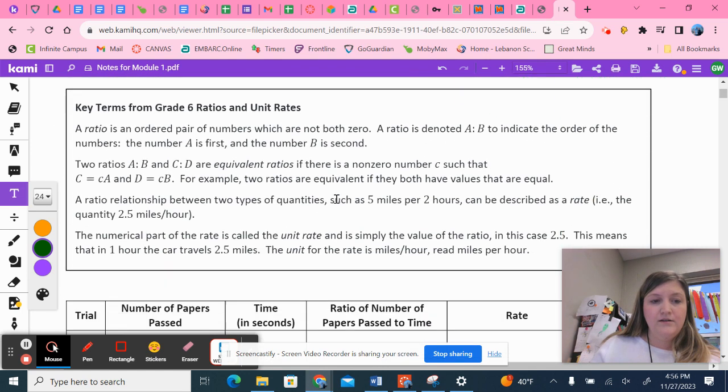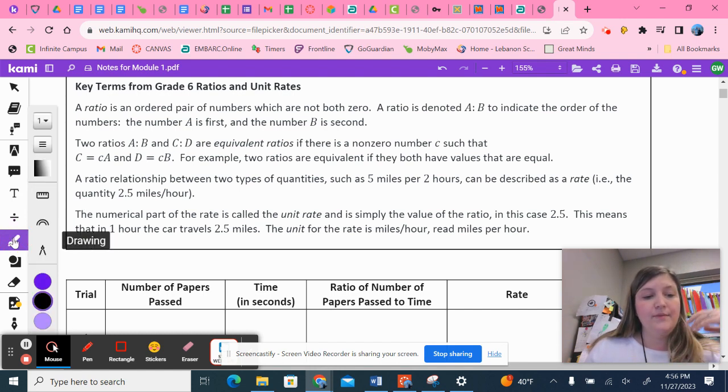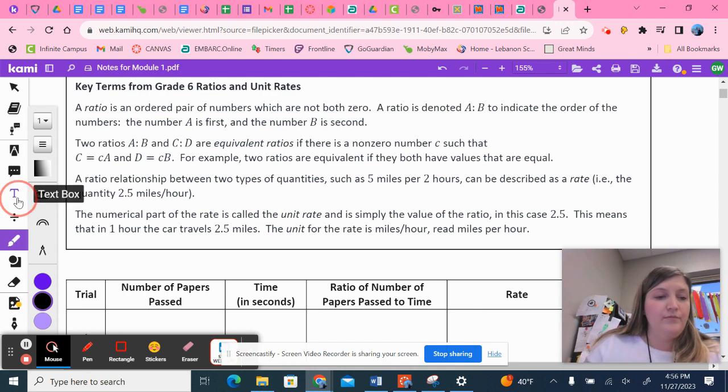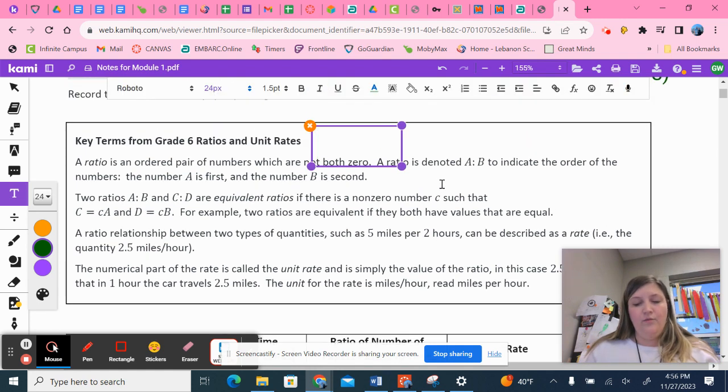Okay. So again, let's go over some of the key terms. In 6th grade, this should be a bit of a review, because in 6th grade you really do talk about what it means to be a ratio and unit rates. A ratio is just an ordered pair of numbers, which are not both zero. It could be, say, a 1-to-2 ratio, like when we were mixing those potions in our game yesterday.